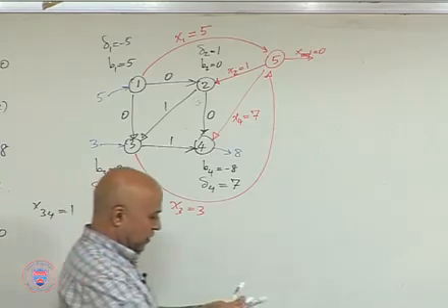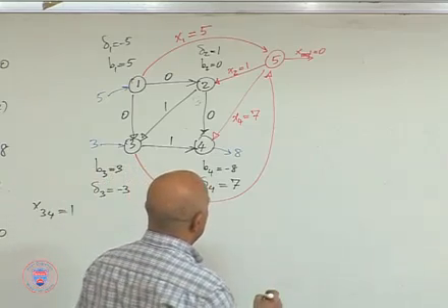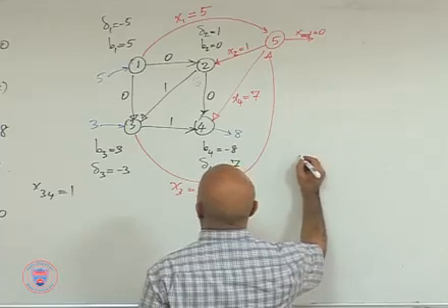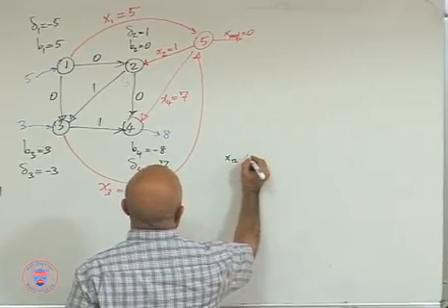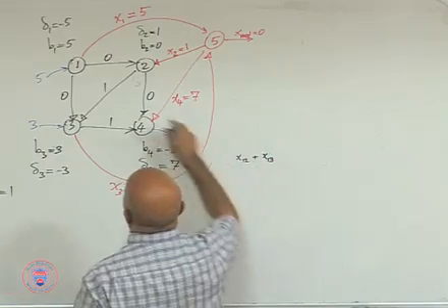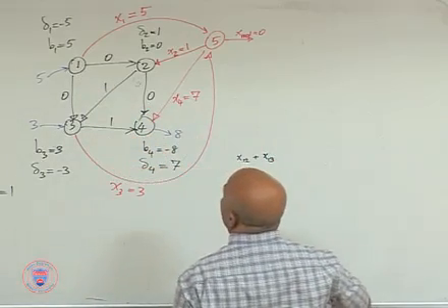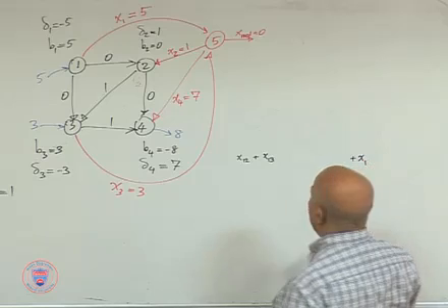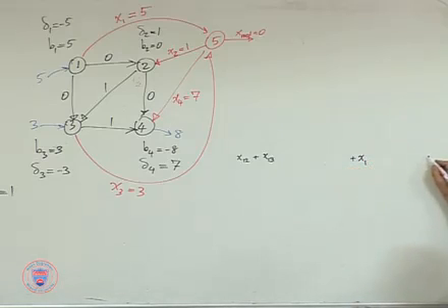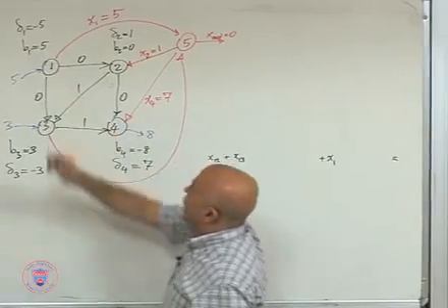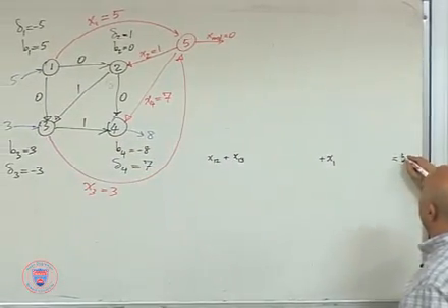What are the equations? Let's just write down the equations. Let me do it here. x12 plus x13 for node 1 plus the new variable x1 is supposed to be equal to B1, which is 5.